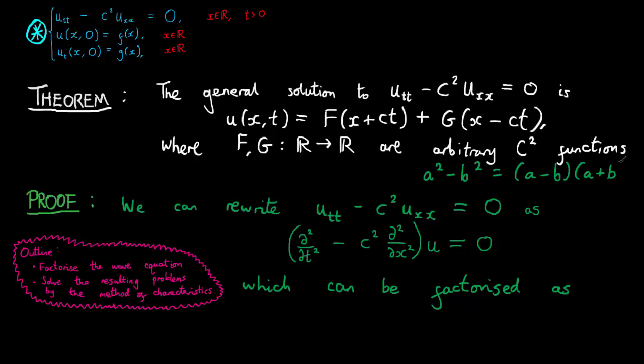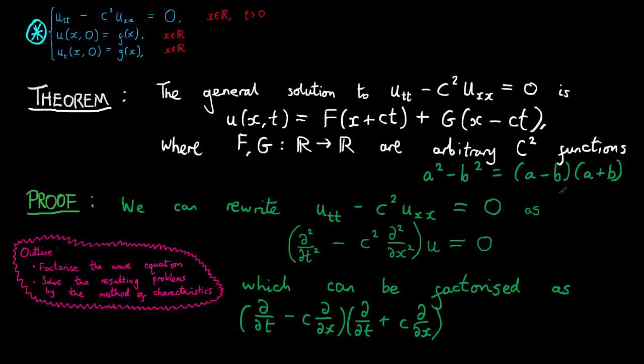So we're going to do exactly the same idea here, but in the operator setting. So we can factorise this operator as follows. We can write it as d by dt minus c d by dx, and then d by dt plus c d by dx.